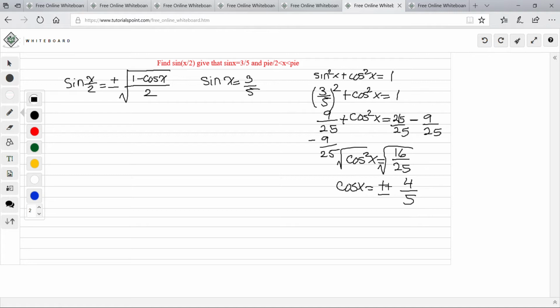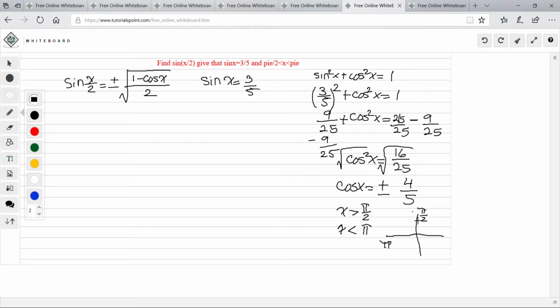Okay, so we gotta figure out, are we gonna use positive or negative? So we said that alpha is greater than pi over 2 and alpha is less than pi. So let's kind of draw it to give an idea. So here's pi halves, here's pi.